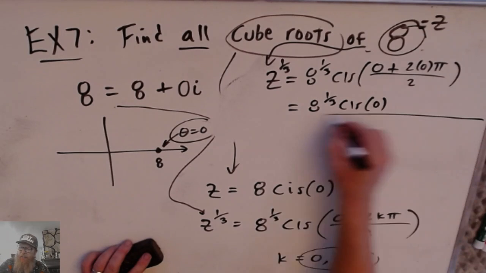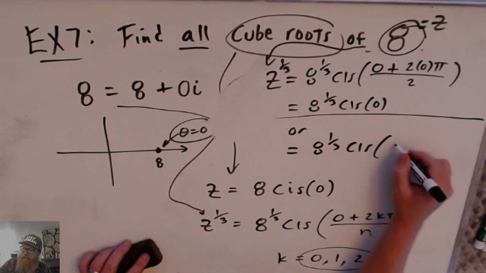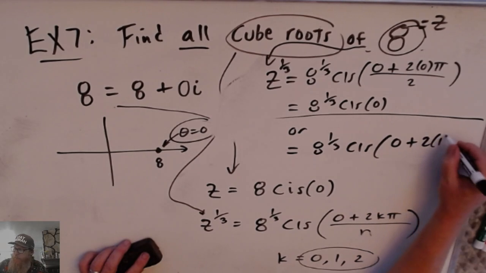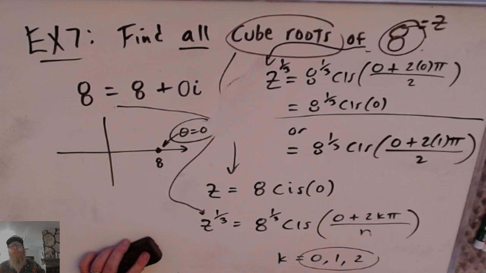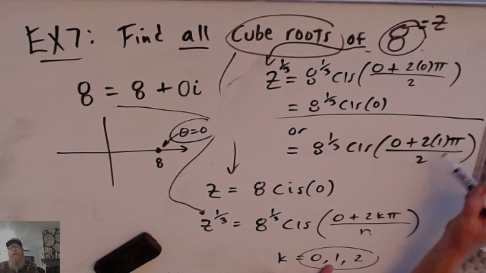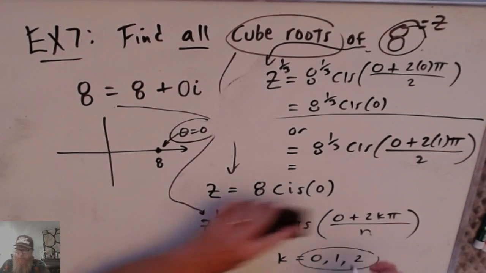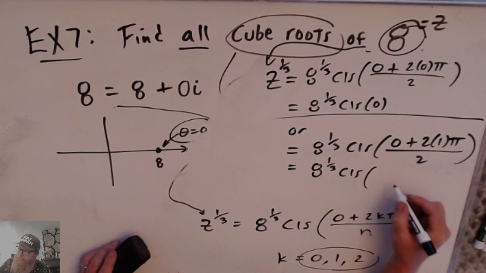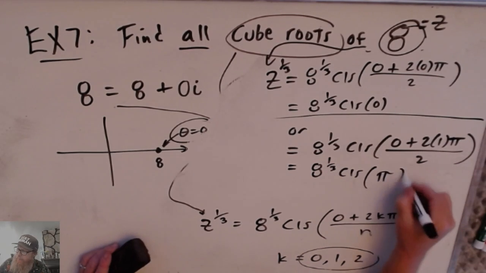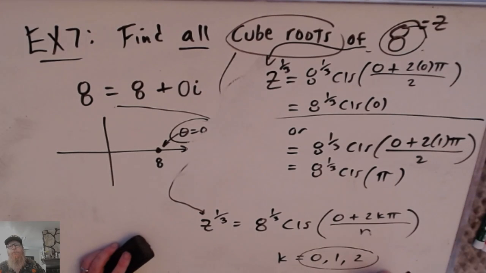Or 8 to the 1/3 CIS 0 plus 2 times 1 pi over 2. This will be my second value of k, which is 1. So that's going to be 8 to the 1/3 CIS pi. 0 plus 2 pi divided by 2 is just pi.